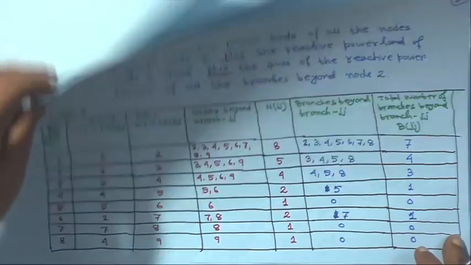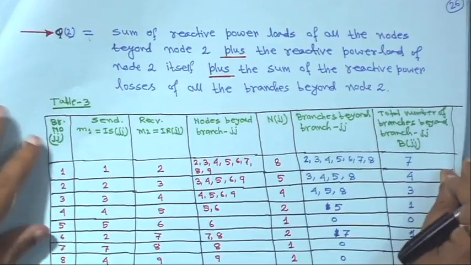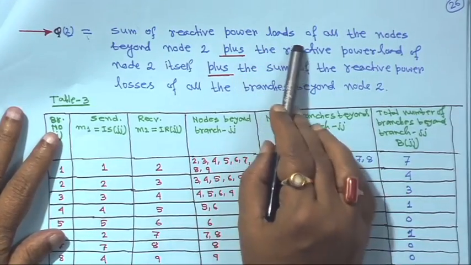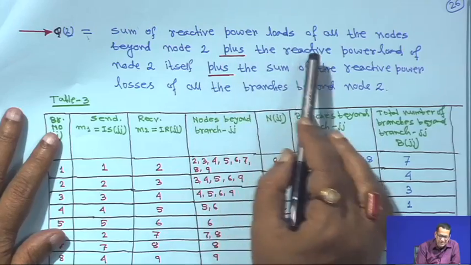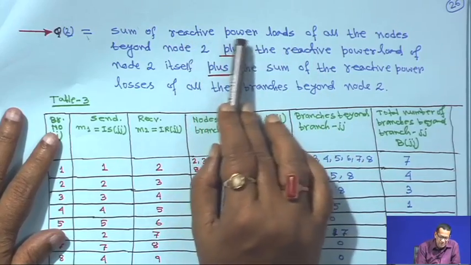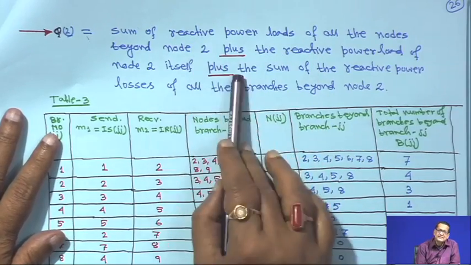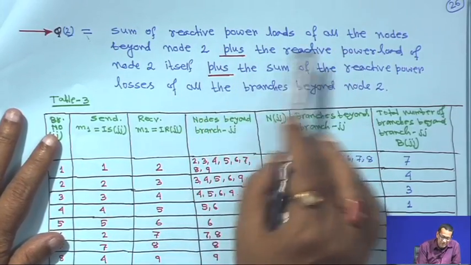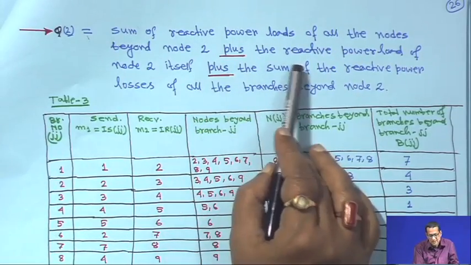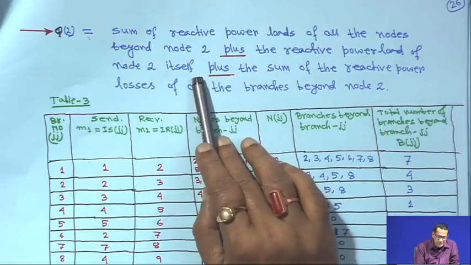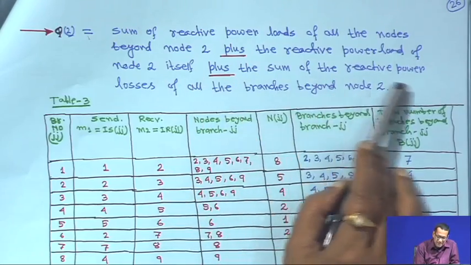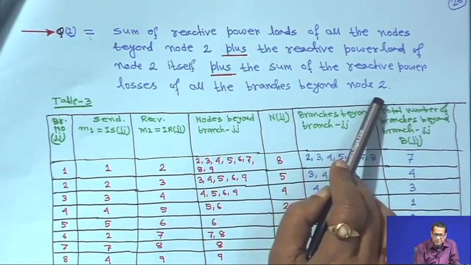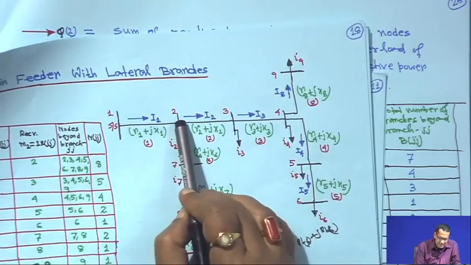Similarly, Q2 is equal to the sum of reactive power loads; the meaning is the same, only instead of the word real we replace it by reactive, and the rest is the same. So, Q2 is equal to the sum of the reactive power loads of all the nodes beyond node 2 plus the reactive power load of node 2 itself, plus the sum of the reactive power losses of all branches beyond node 2. That means, same as before.